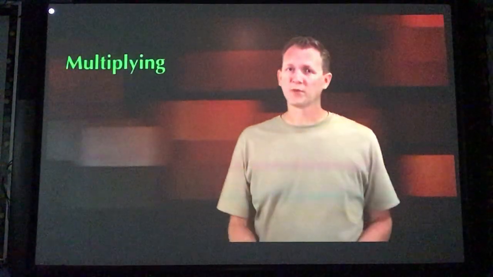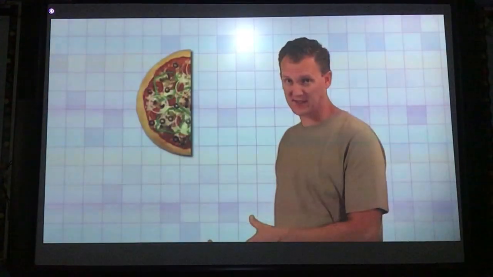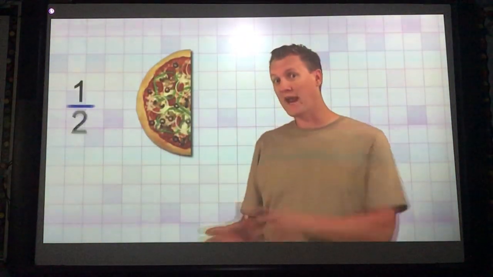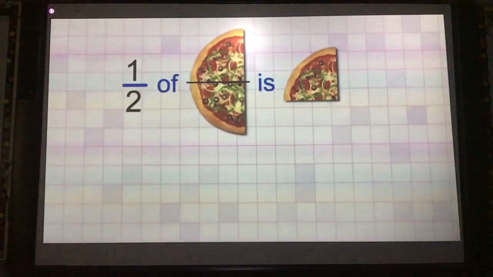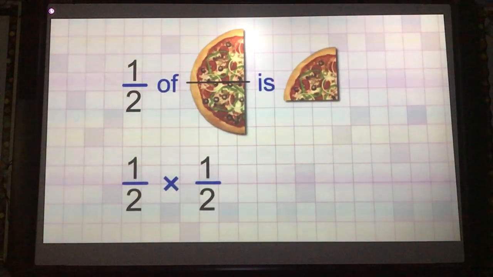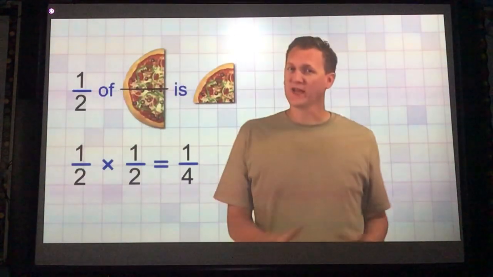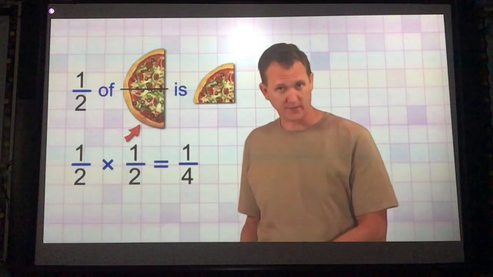If you're thinking of fractions as parts of something, then multiplying fractions is really like taking part of another part. For example, here's half a pizza. Now you can see that if I take 1/2 of that half, then I get 1/4 of a pizza. And if we do the multiplication, 1/2 times 1/2, you see that we do get 1/4. So that's why you can think of multiplying fractions as taking part of another part.